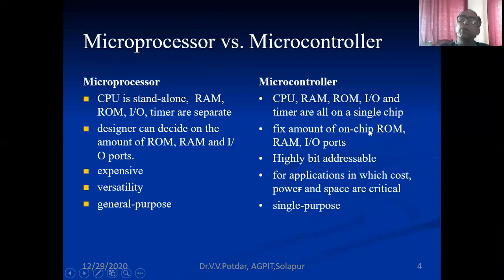They have a fixed amount of on-chip ROM, on-chip RAM, and input-output ports. Microprocessors are a bit expensive. Comparatively, microcontrollers are cheaper, and for applications in which cost, power, and space are critical, microcontrollers are preferred. Processors are general purpose, whereas a microcontroller is single purpose, and microcontrollers are highly bit addressable. So these are the differences between microprocessor and microcontroller.